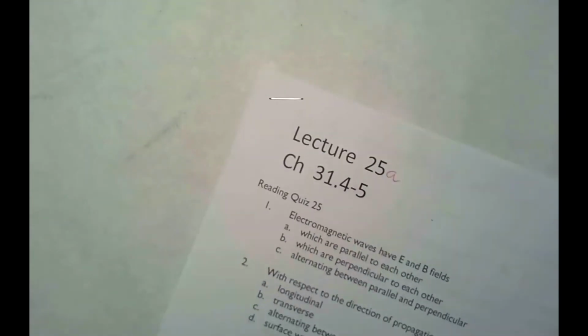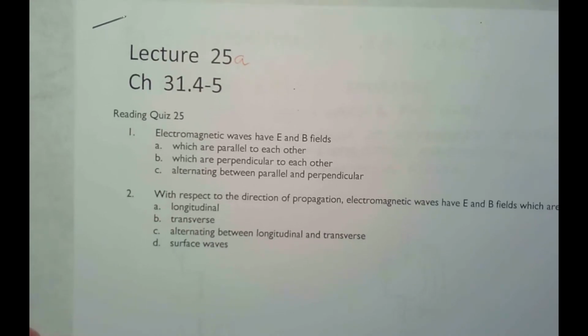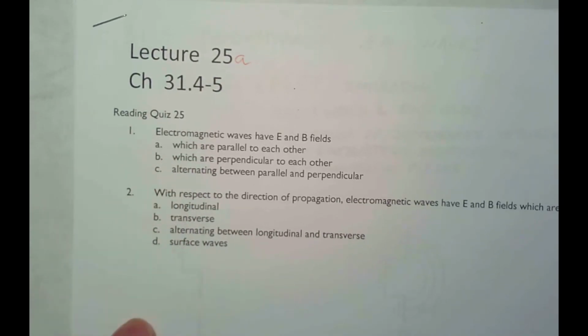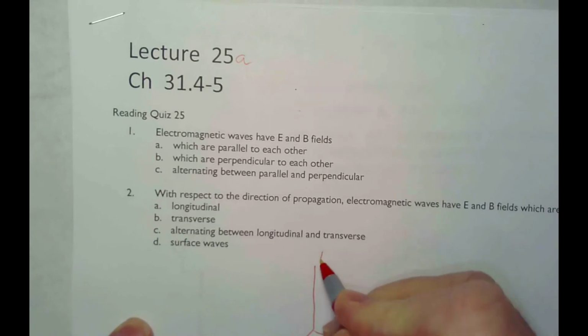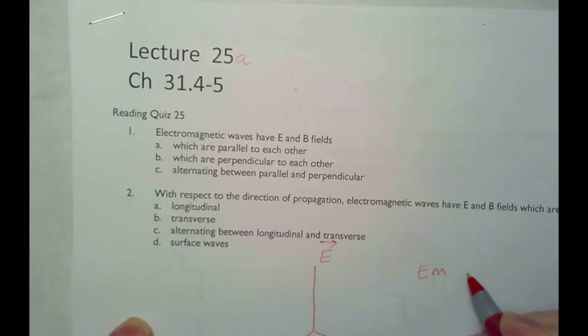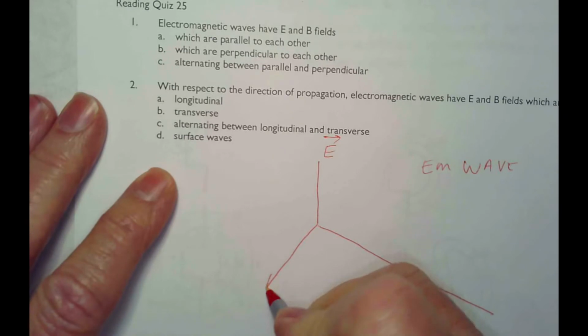All right. So first the reading quiz. Both of these questions have to do with the geometry of an electromagnetic wave, and here's that geometry. It's the one on the handout at the end. An EM wave has an electric field and a magnetic field which are at right angles to each other.